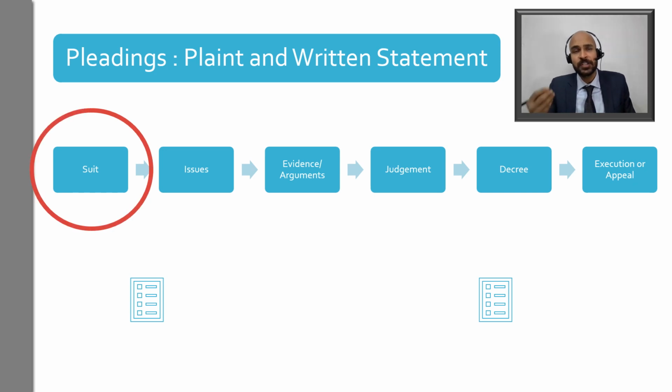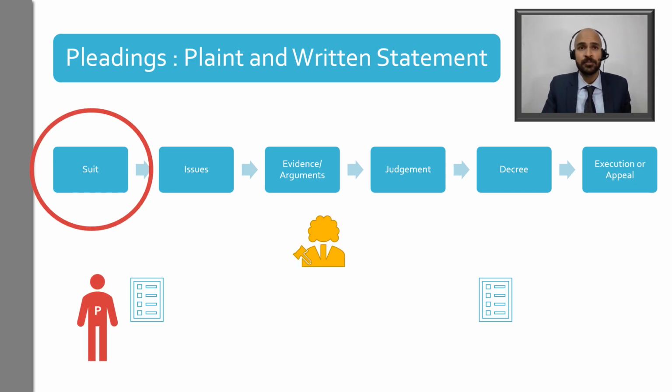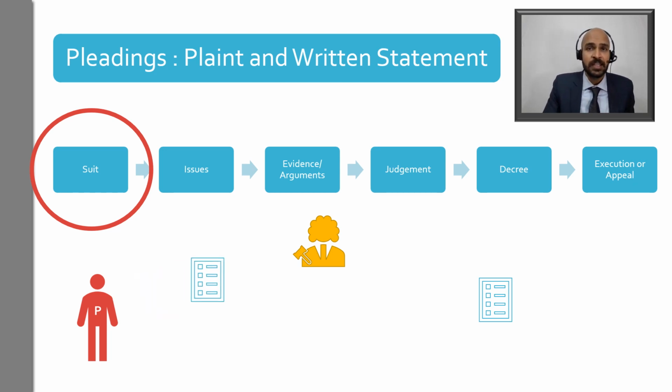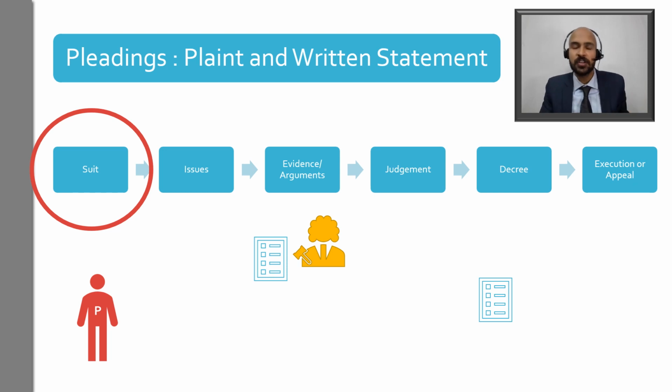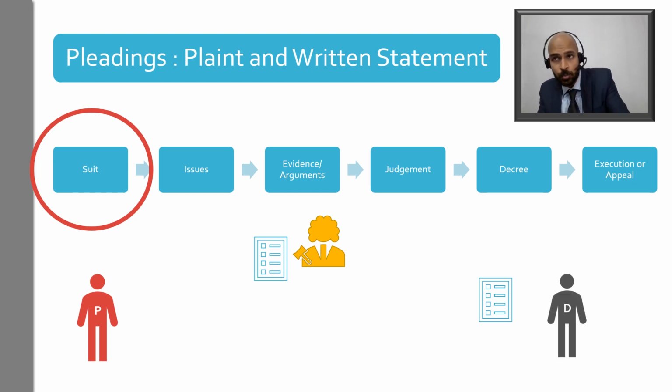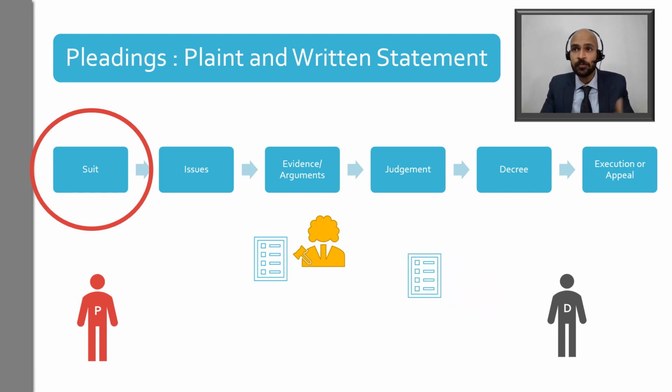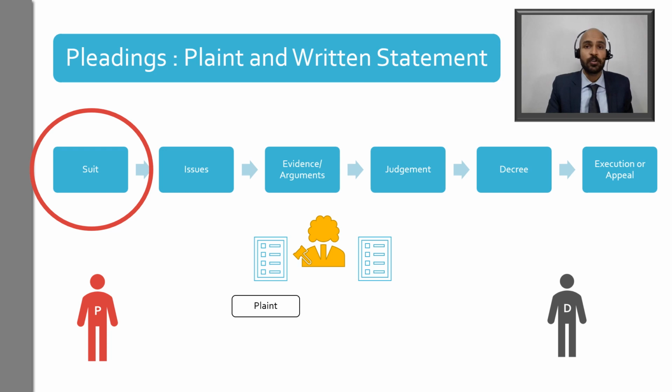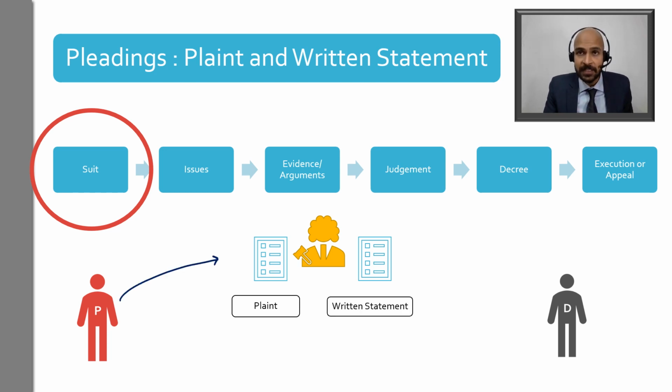When I talk about the stage of the suit, how do the parties bring their suit before the court? The plaintiff comes to the court, and obviously he hands over a certain document to the judge. In response, the defendant will offer his defense by offering a document to the court. The document offered by the plaintiff is called the plaint.